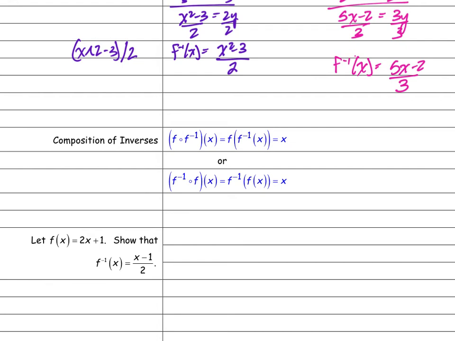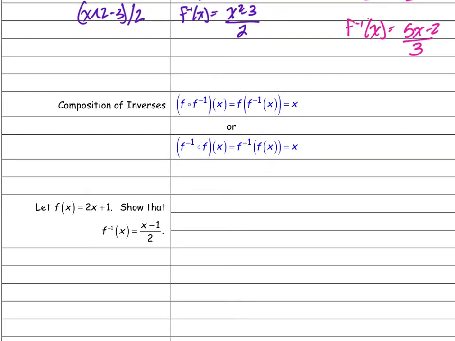Or they'll say verify that these 2 are inverses of each other. If I'm verifying inverses, I do the same thing as showing they're inverses. It's pretty much the same question, except in one they'll call them f and f inverse, and in the other they might call them f and g. They'll call the functions different names. So here's what it says.